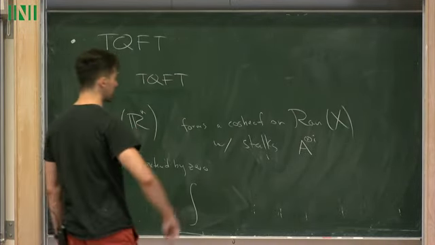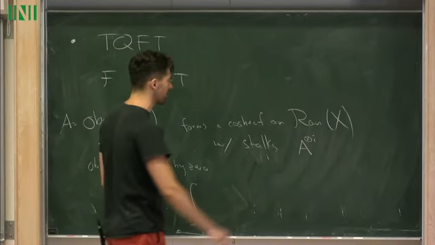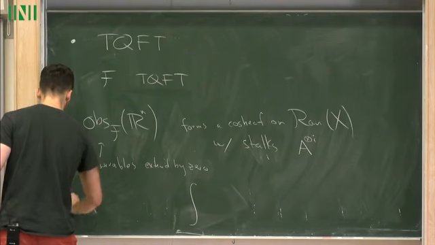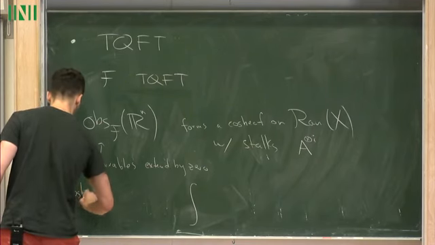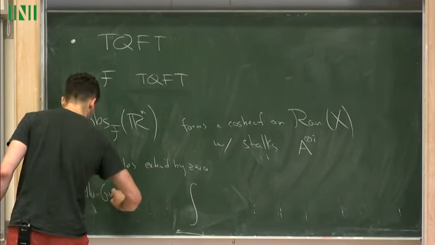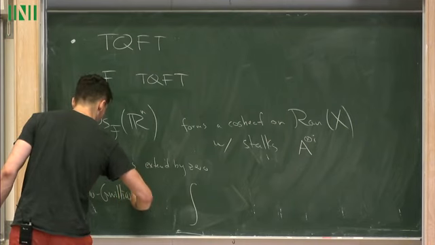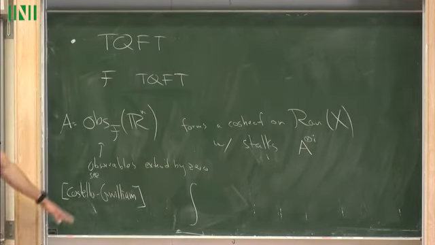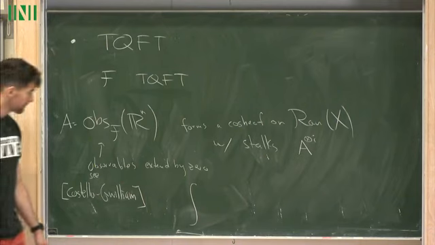this is put in very different language, and that needs to be combined with a few other results to get this statement, but the good reference for this is this great book by Costello and Gwilliam, which constructs a large number of examples by perturbative methods. Their book on factorization algebras and quantum field theory.